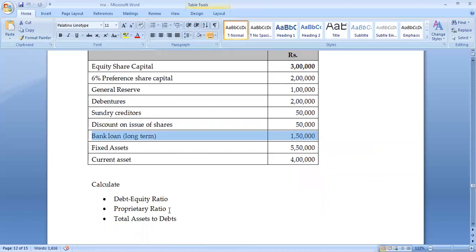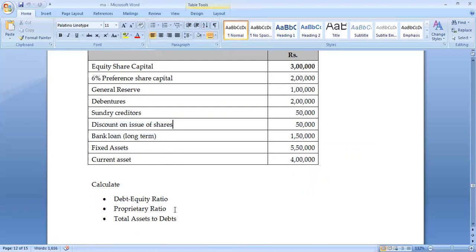And you have to find out the proprietary ratio also. And a discount on issue of shares will be deducted out of all the equities. So share capital 3 lakhs plus 2 lakhs plus 1 lakh minus 50,000 will give you the equity. Clear?